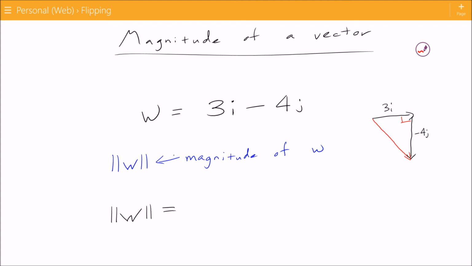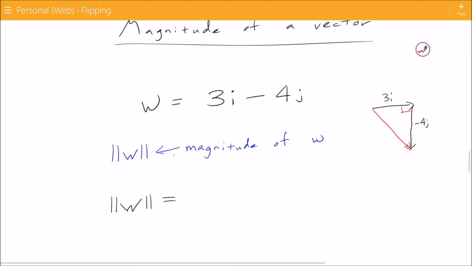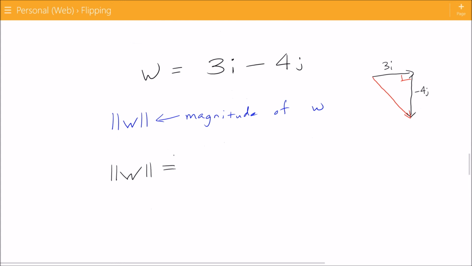Of course it is. When you're looking for magnitude, take your two component vectors and you square them, and you add them, and you take the square root, and that becomes your magnitude. The magnitude is the measure of how much for that vector.